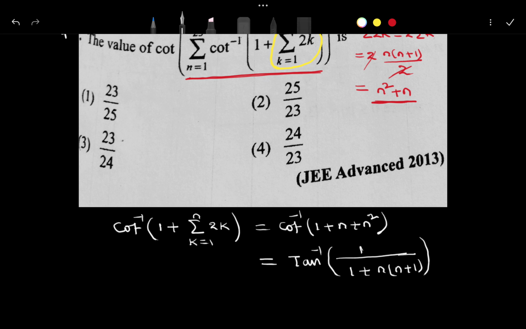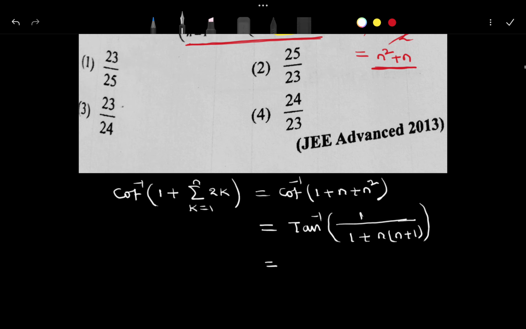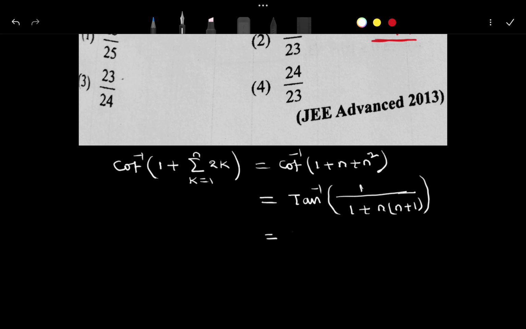Now you see how we can convert this into our standard result. Numerator 1, you can write as n plus 1 minus n, whole divided by 1 plus n into n plus 1, since plus n and minus n cancel. Now assume n plus 1 is x and n is y.